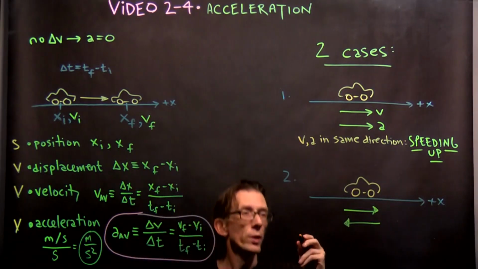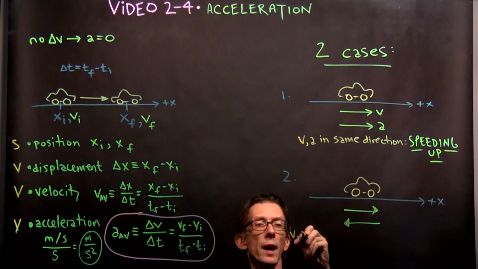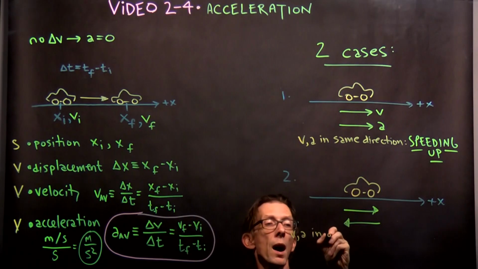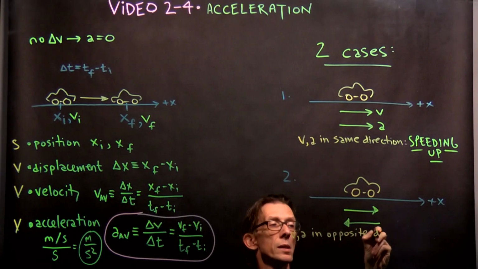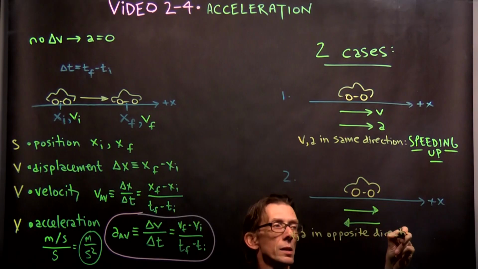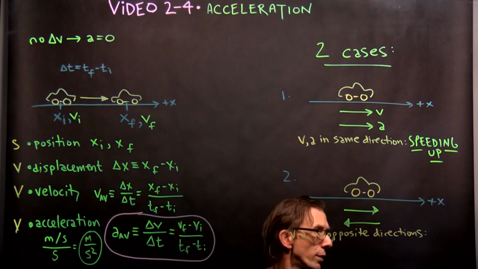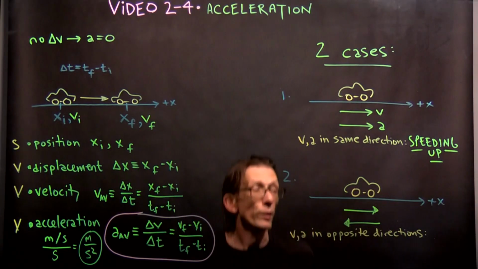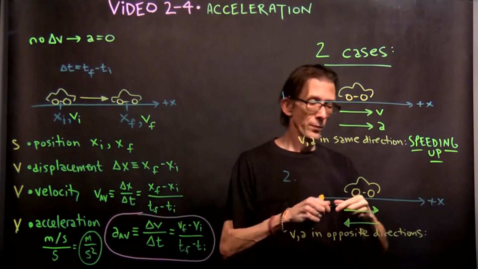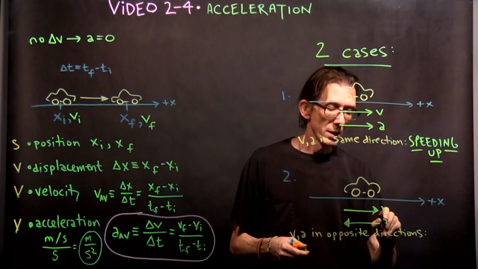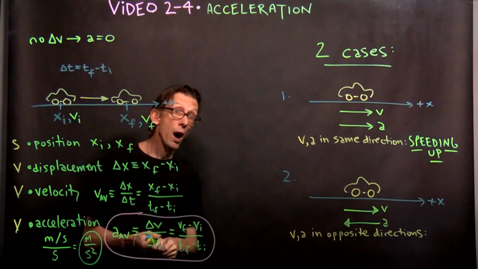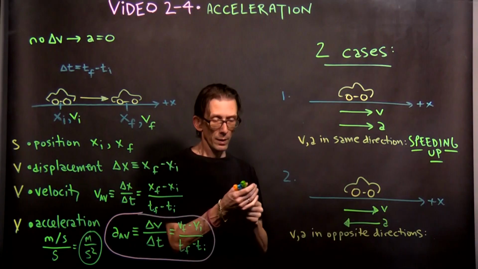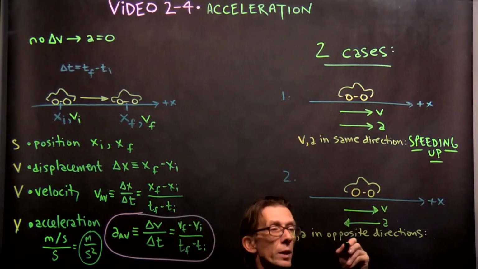When V and A are in opposite directions, this is V, this is A. If the velocity and the acceleration are in opposite directions, the car is slowing down.